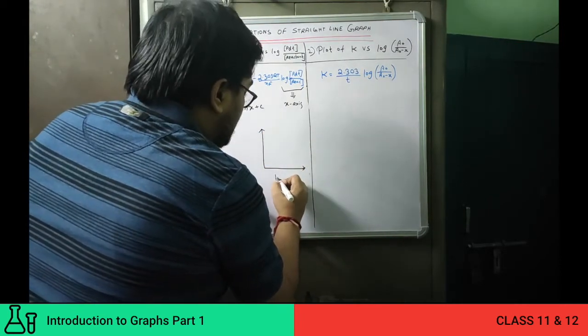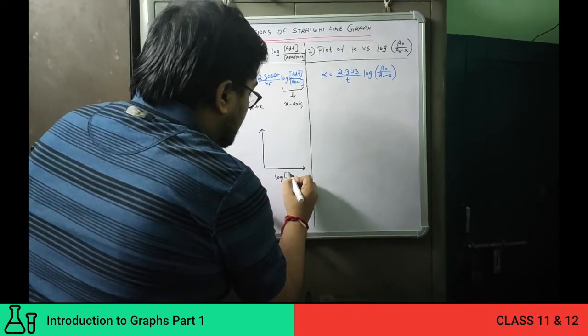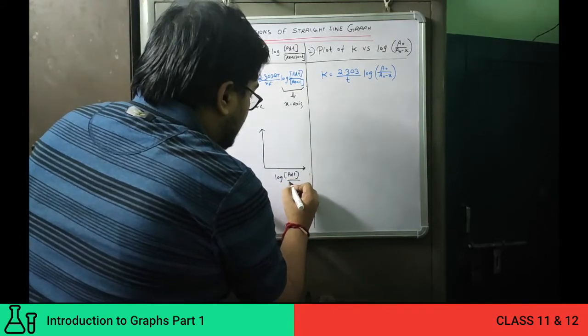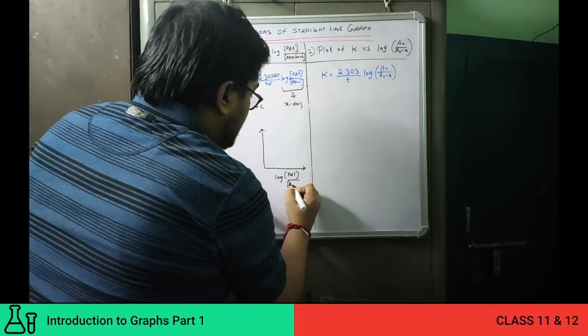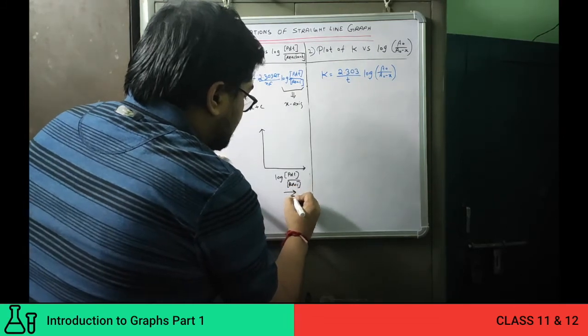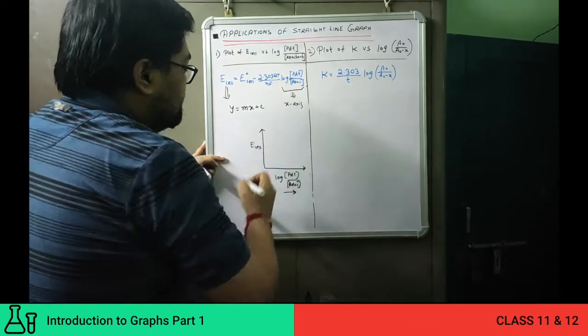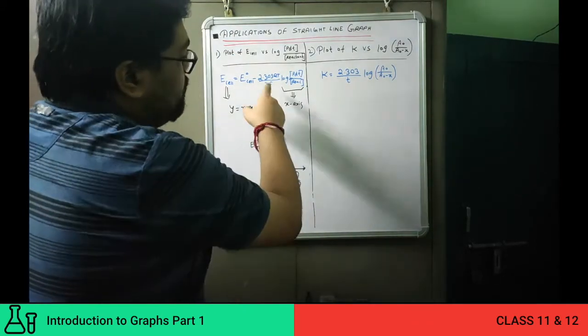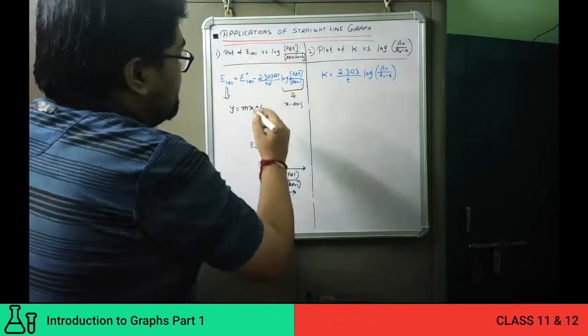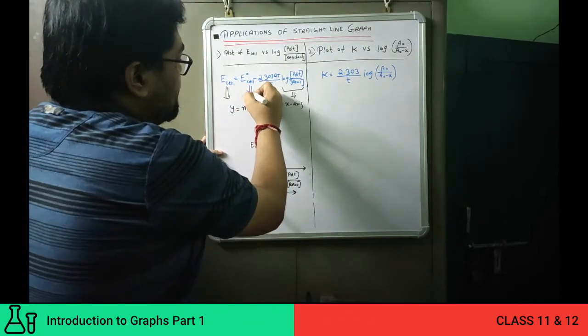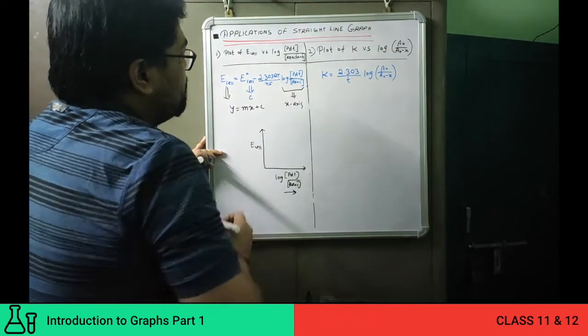The x-axis term is log of concentration of product by concentration of reactant. The y-axis is E cell. If you notice carefully, the intercept value is E0 cell.